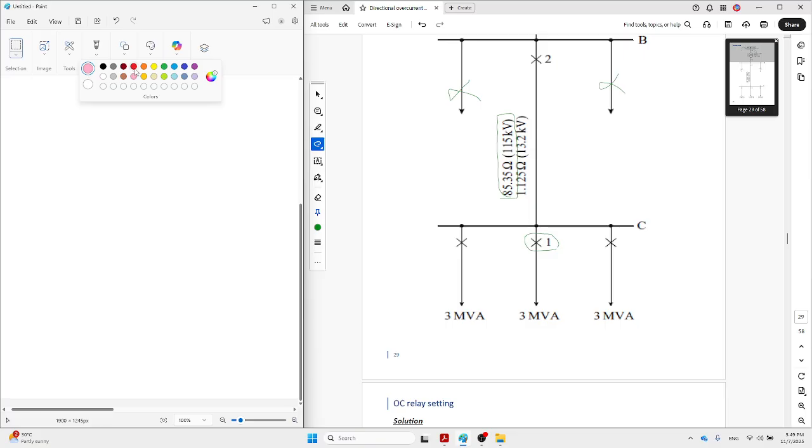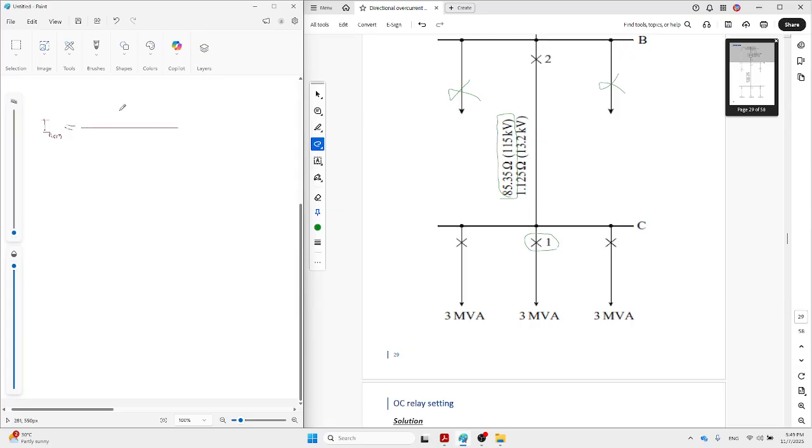I nominal for relay number 1 is equal to 3 megawatt. You know the formula, S is equal to square root 3 V I, correct? This is the formula we need to calculate.